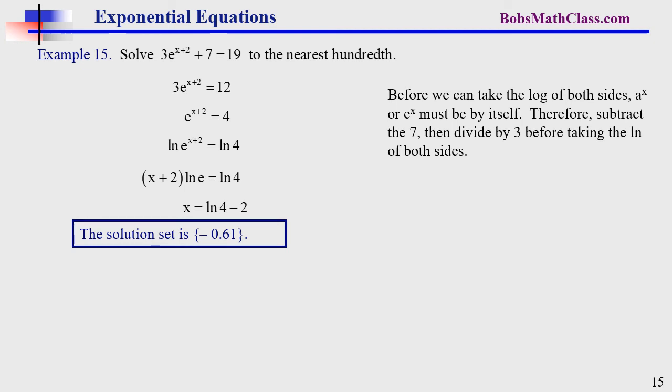You should get negative 0.61. It's negative 0.6137. It says hundredths, so we'll stop after the 1. The number after the 1 is a 3, so we'll leave the 1 alone.